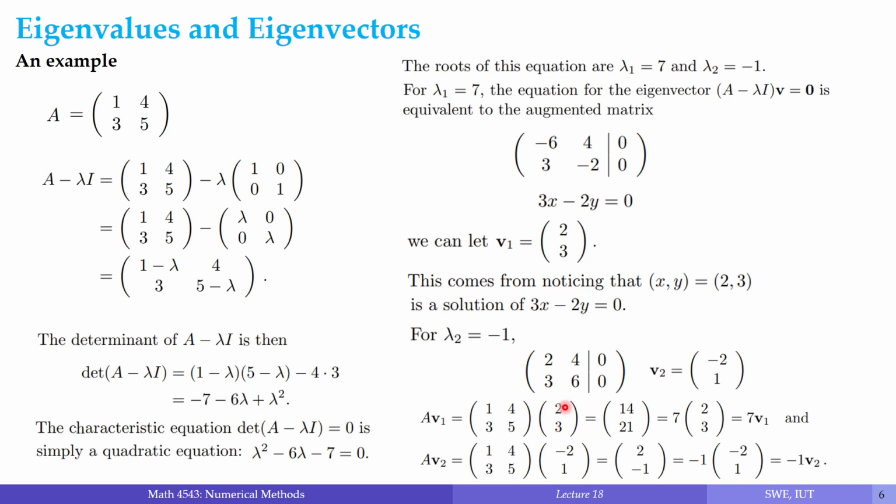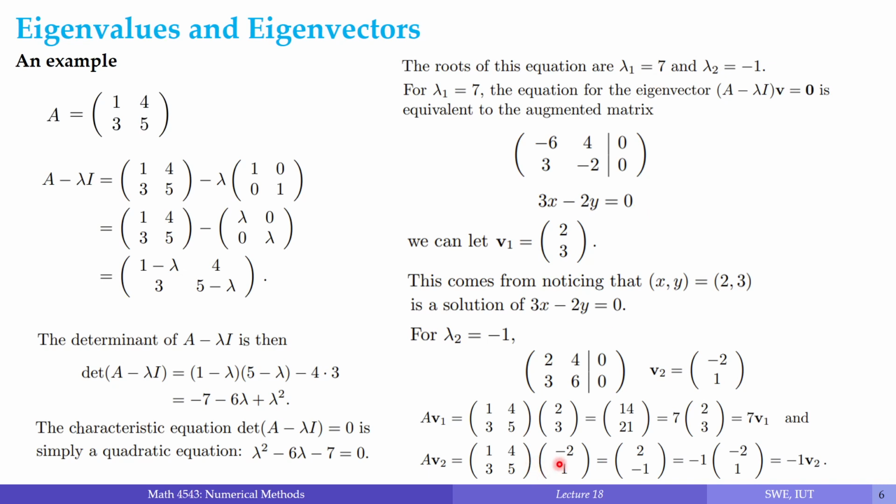If we multiply 2 by 7 and 3 by 7, we end up with 14 and 21. So we can say that this v1 got stretched by a factor of 7, and this 7 was our lambda 1, our eigenvalue.